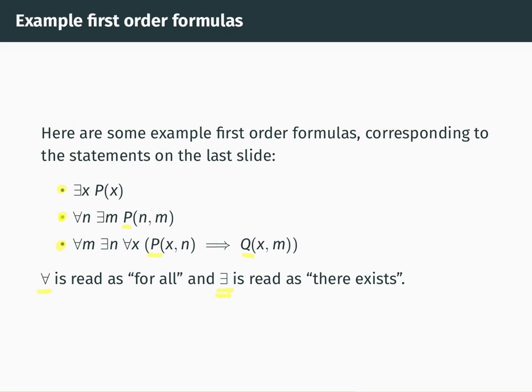But for first-order formulas, the problem of interpreting them and then deciding whether the interpretation is true or false becomes more complicated, because in first-order formulas we have things like these x and n and m which are variables, and we have to decide where those variables come from, and we also have to decide on the meaning of these things P and Q, which get interpreted as relations.